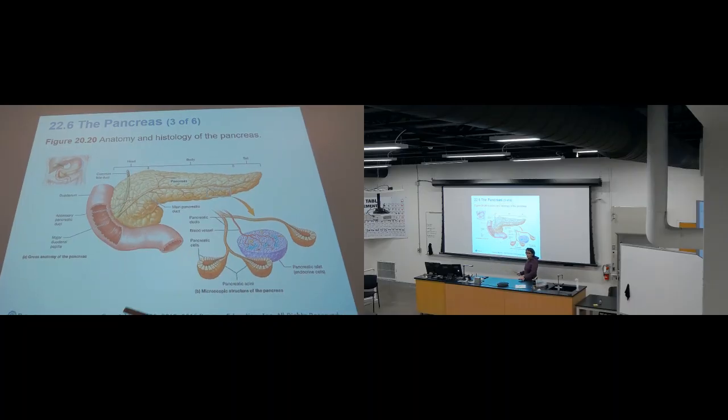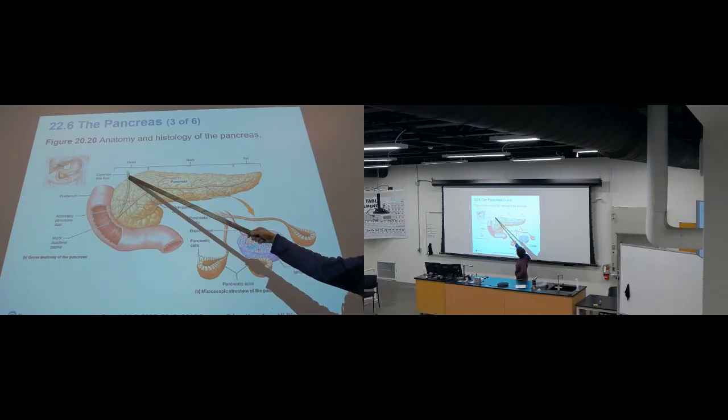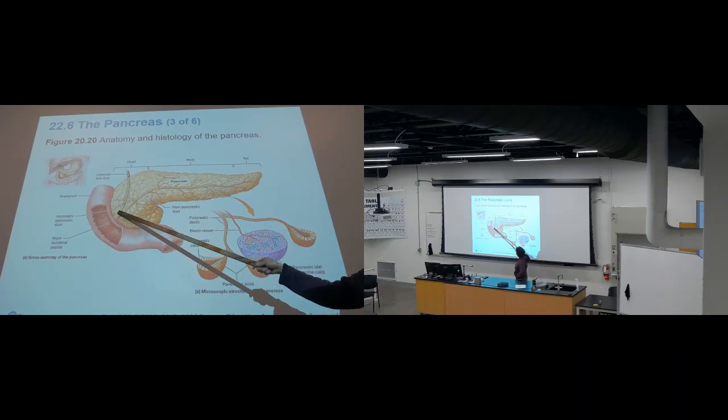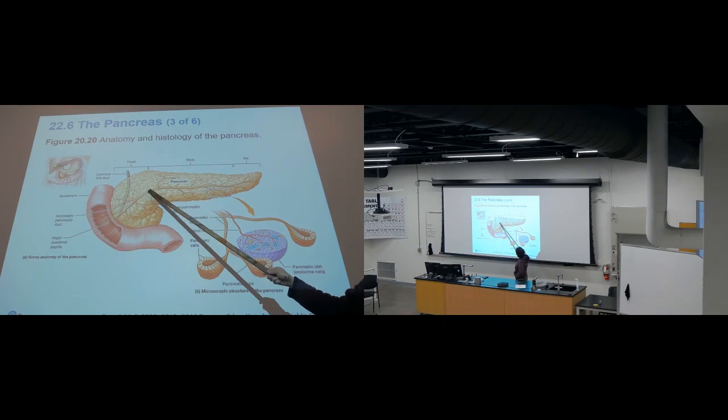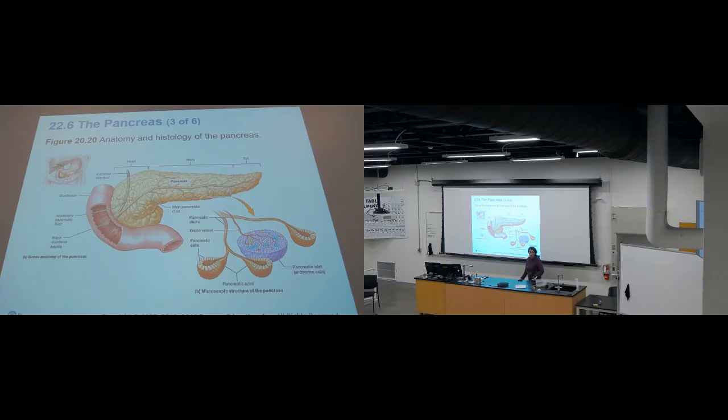Just in case you have an obstruction of the primary duct, because maybe you have a gallstone traveling through the common bile duct and obstructing here, or maybe you have a tumor in this area that obstructs this duct, you can still have proenzymes from the pancreas released into the duodenum, and you can still have digestion.